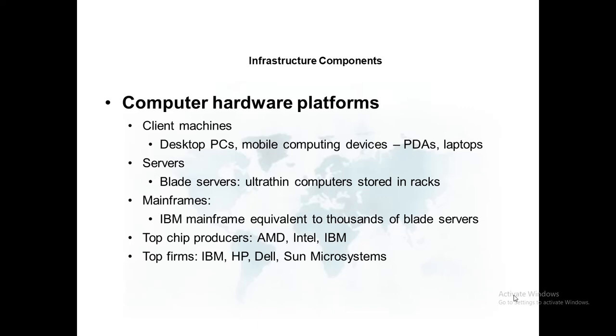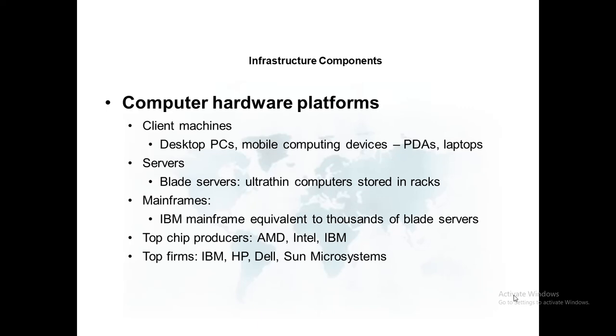The most common ones these days are blade servers, which are ultra-thin computers stored in racks, and they are very, very powerful. You can Google for a photo of a blade server and see how it looks. Then we have mainframes. Still, these are servers. These ones are more powerful than the blade servers, and a single mainframe machine may be equivalent to thousands of blade servers.